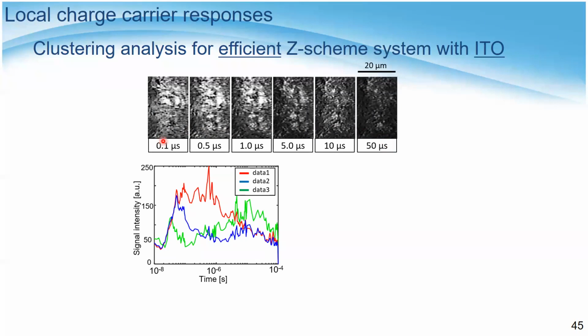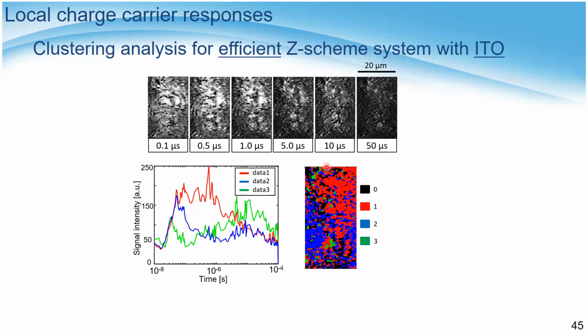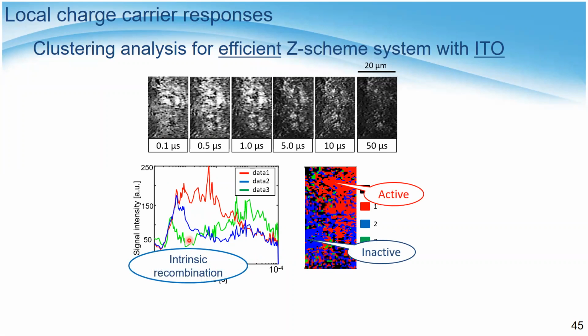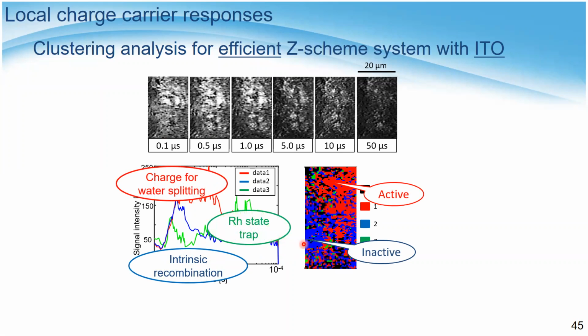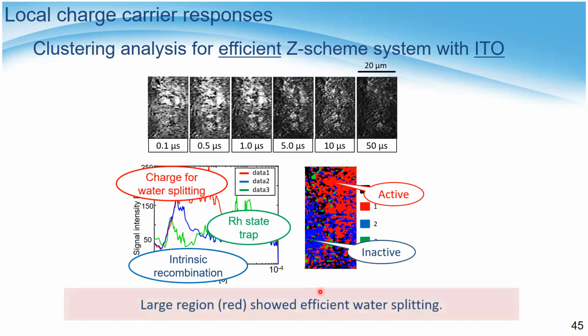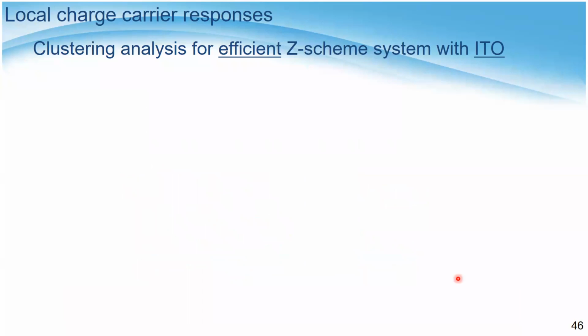However, by clustering analysis, we could categorize 3 different time responses, and they could be mapped out on the surface. We could recognize the red one is active and the blue one is inactive, because we know that the blue one is due to the intrinsic recombination, and the red response is the charge for water splitting, and the green one is a rhodium state trap. So we could find a larger area of red, showing water splitting.